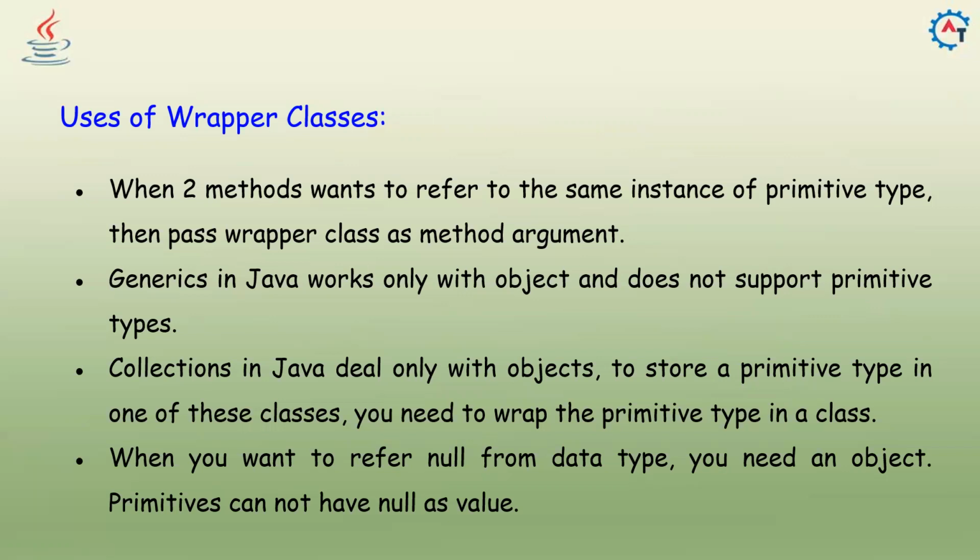To store a primitive type in one of these classes, you need to wrap the primitive type in a class. When you want to refer null from a data type, you need an object. Primitives cannot have null as value. So these are all uses, and at this point of time you may not understand, but going forward you can relate all these things while we write some programming.